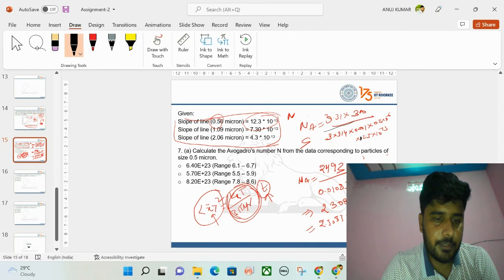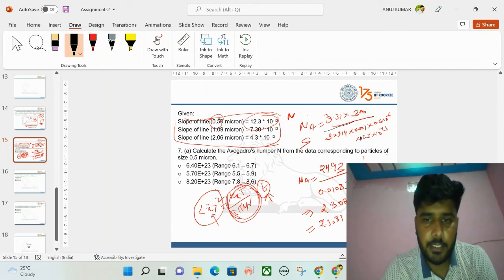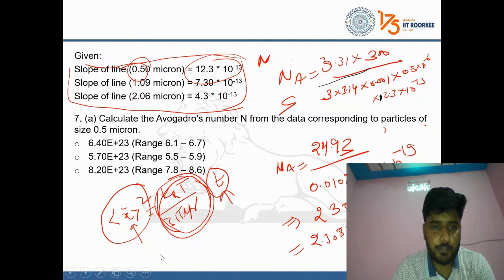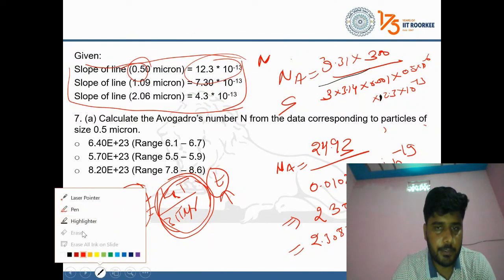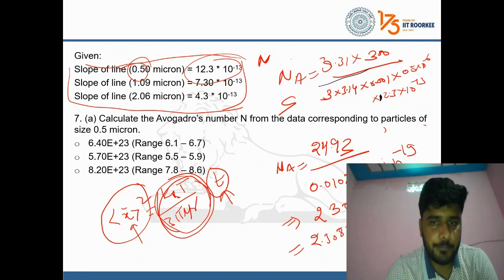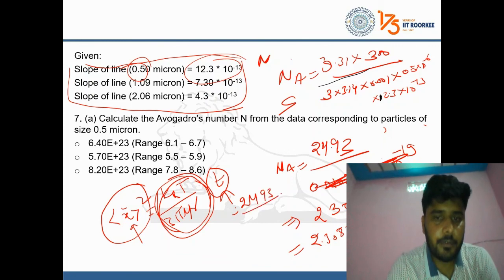I'm again calculating it. 0.5, 12.3. The denominator term will be just like 0.057 times 10 raised to minus 90.